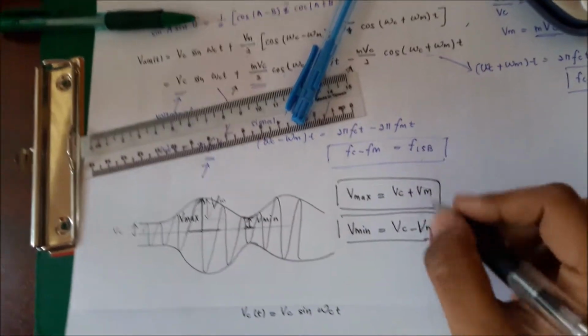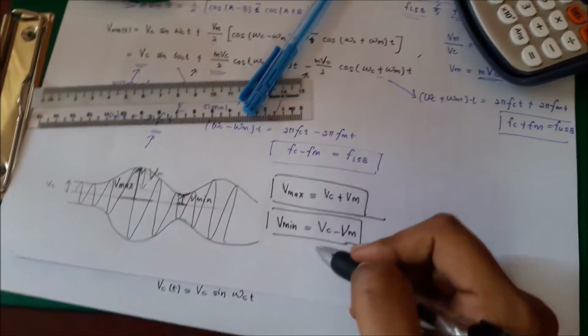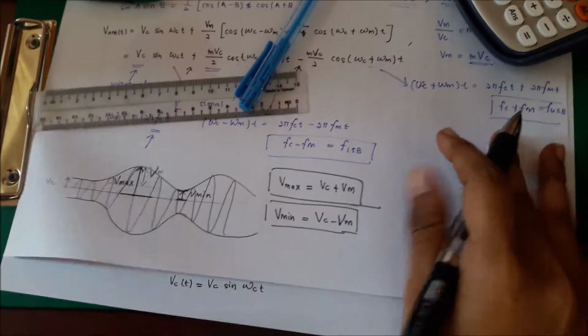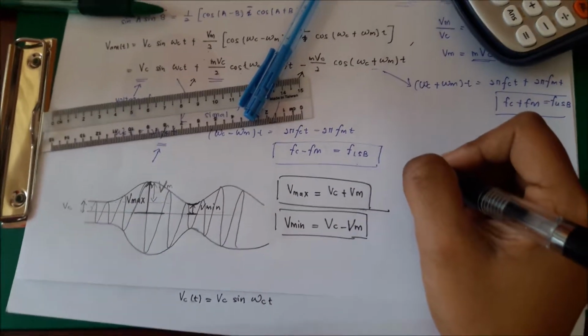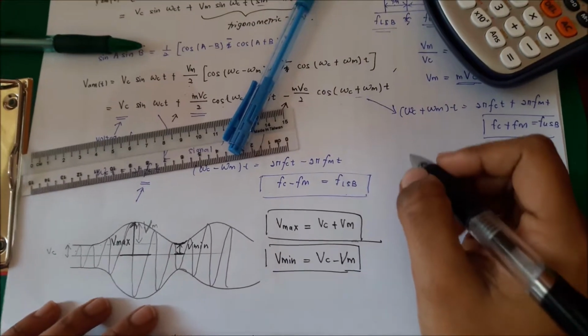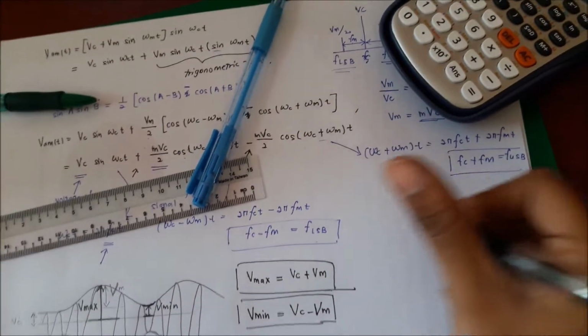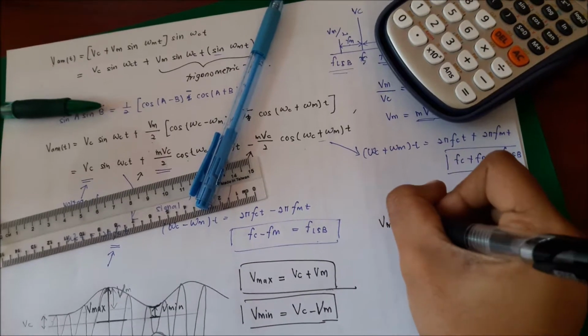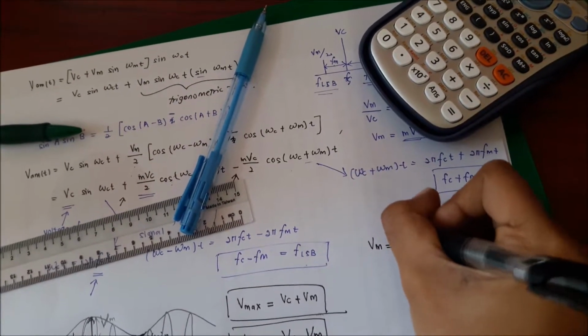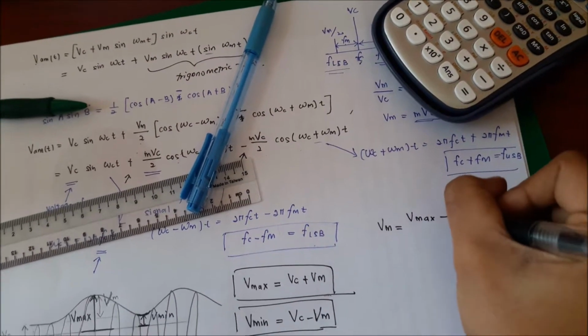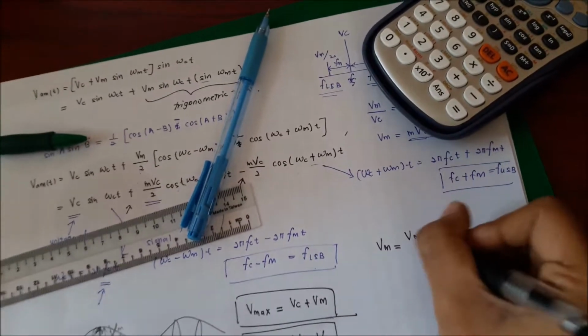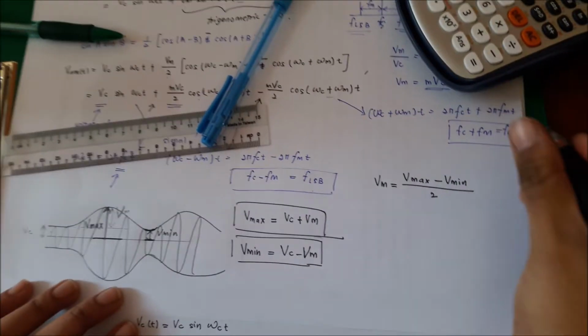Oh, there's another way to prove my V min and V max in a better way, which is by using this formula. My Vm is equivalent to V max minus my V min over 2.